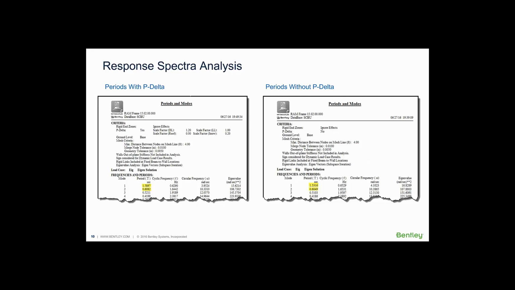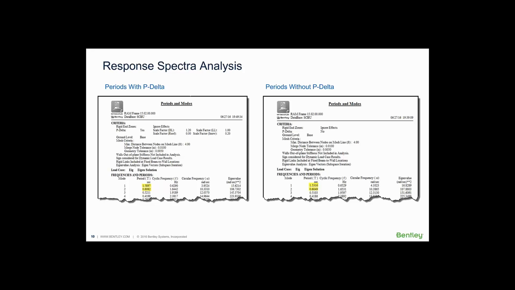So first of all, let's take a look at our periods, and then we'll talk about how that relates to response spectrum analysis. So the primary period, if I check the periods with P delta turned on, and ASCE 7 and other building codes would require that you perform an analysis to include P delta.